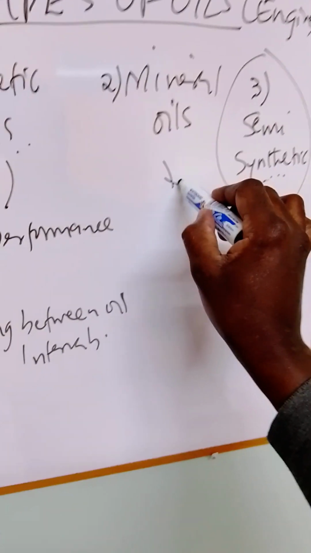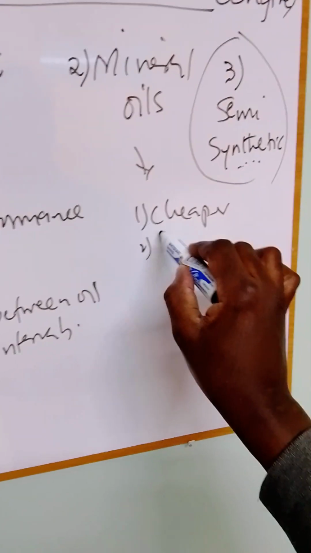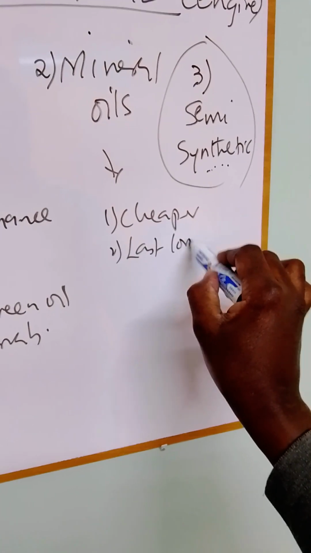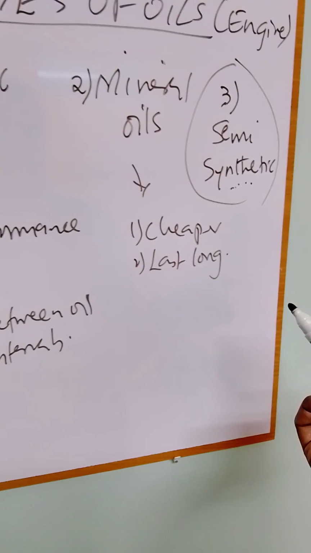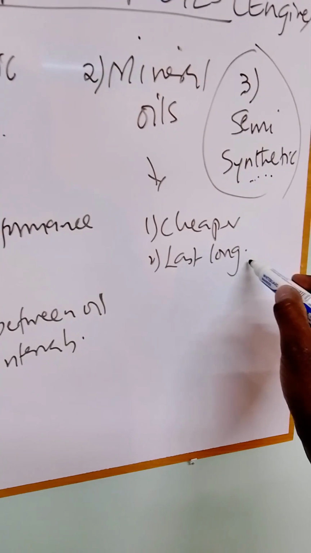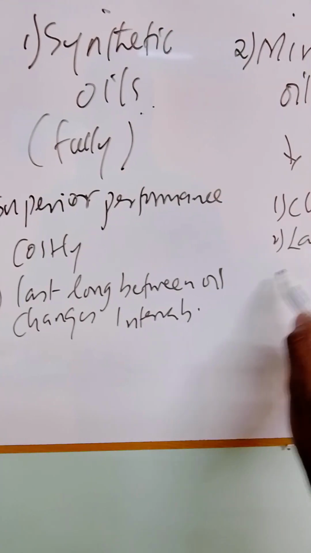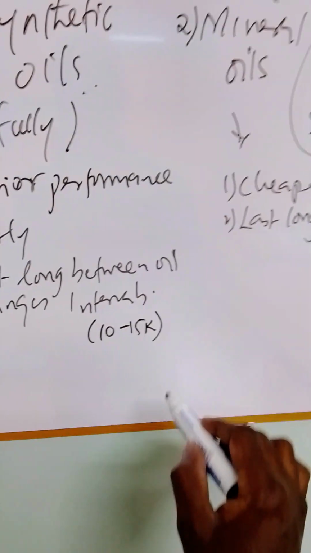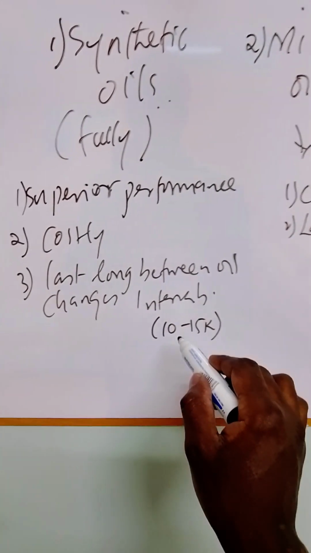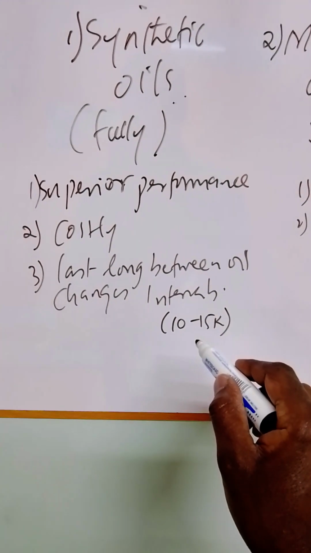And the mineral oils are cheaper. They don't last long between oil changes. For example, in motor vehicles, you'll find it lasting about 5k kilometers, and this one 10 to 15k kilometers, in the automotive industry.